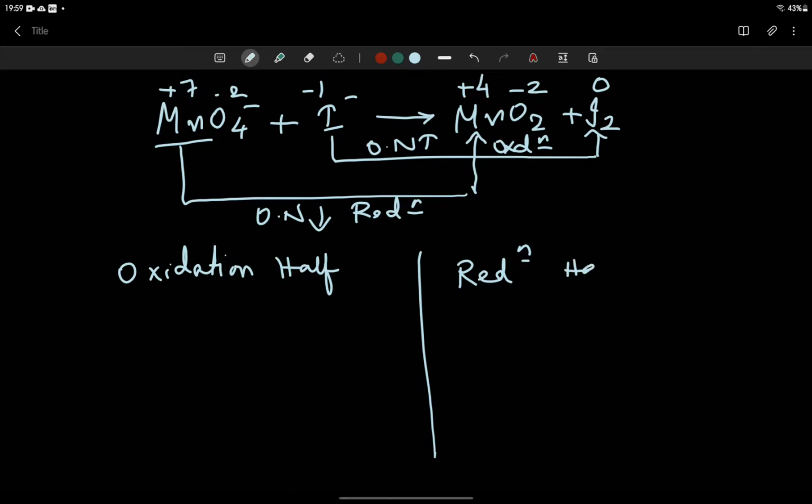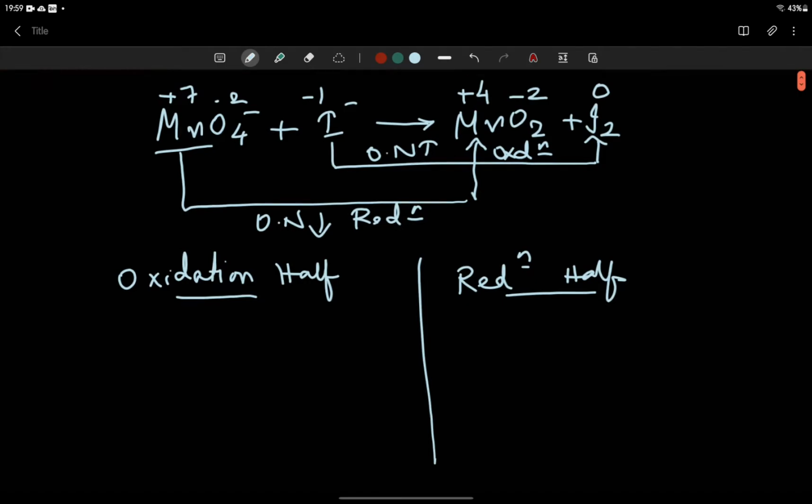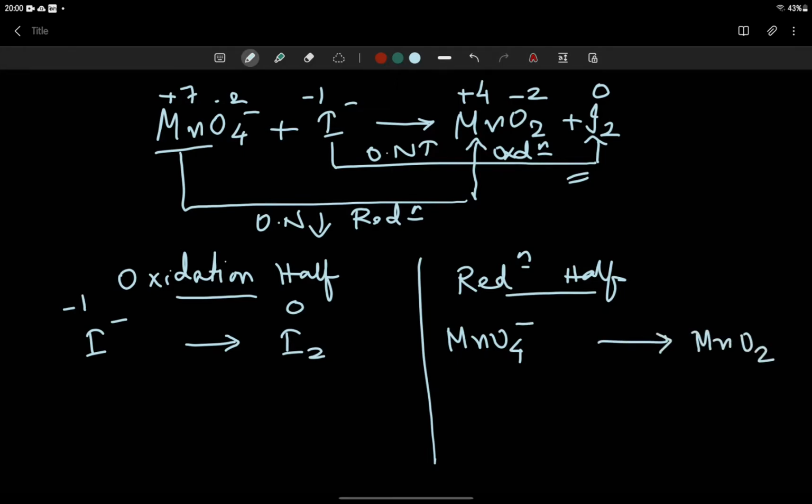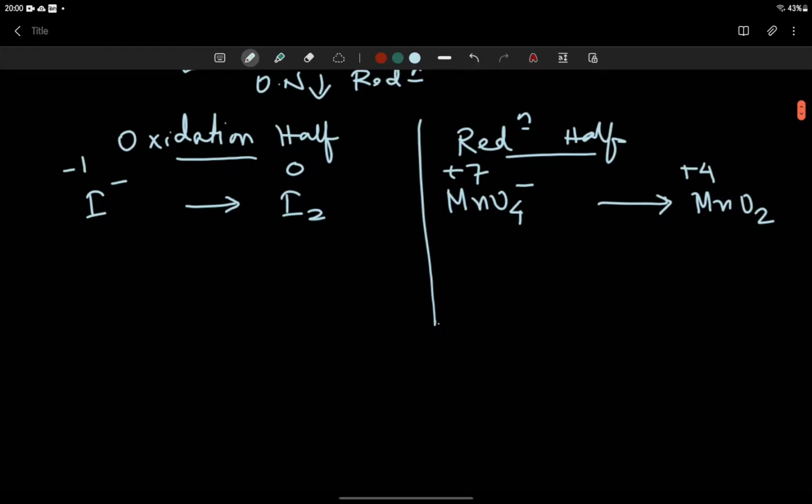In the oxidation half, I am going to write the oxidation part, I minus gives I2. The oxidation number is changing over here, and we will mention it also. In the reduction half, I am going to write the part which is getting reduced, this one, +7 to +4. Now we are going to balance these two half reactions one by one.